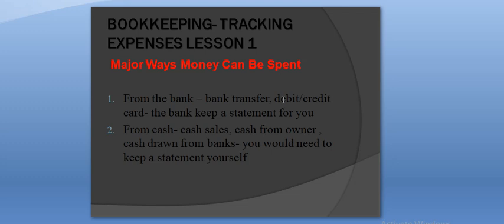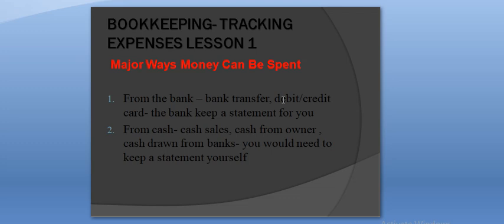But the bank does a job for you here. The job the bank does for you is to help you keep a statement, and this statement is called a bank statement, which you can always request at the end of the month.